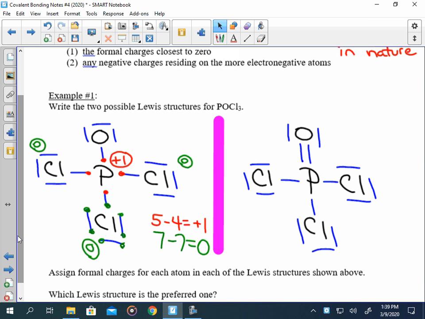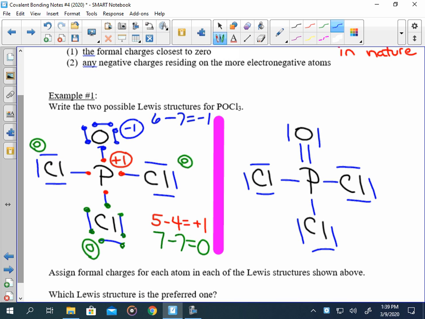Let's see what we've got. Oxygen is in group 6A, so it should have 6. It has 1, 2, 3, 4, 5, 6, 7. 6 minus 7, -1.